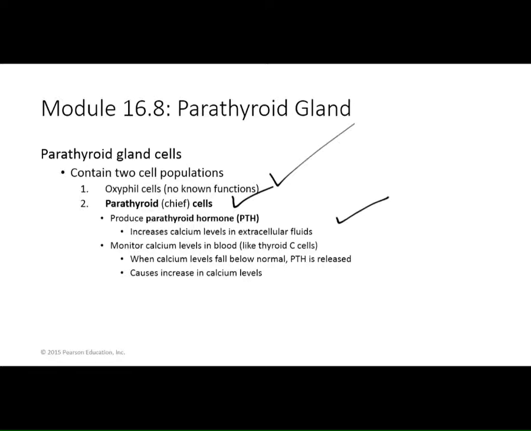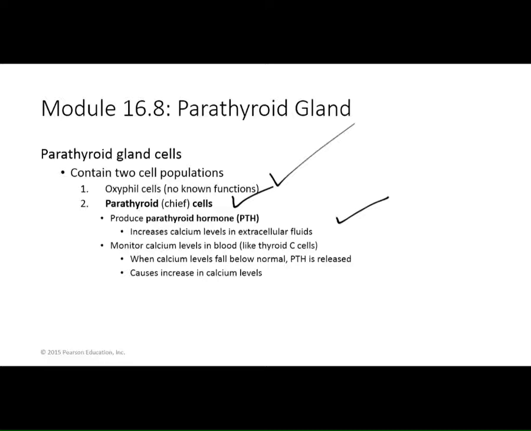Calcitonin, made by the C cells of the thyroid gland, is the yin-yang hormone here. So this is the yin-yang. We've got calcitonin by the thyroid. We've got parathyroid hormone from the parathyroid gland. These 2 hormones are going to work antagonistically, just like insulin and glucagon do, to maintain your calcium levels.